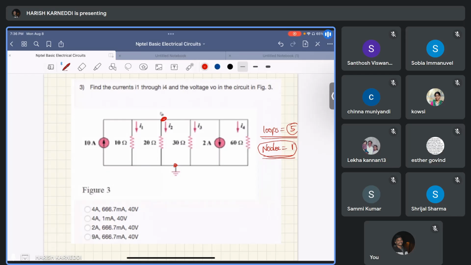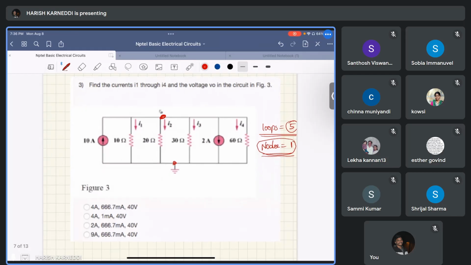Nodal analysis comes from KCL, right? We already know KCL. Let us suppose these currents are IA, IB, IC, ID, IE, IF.